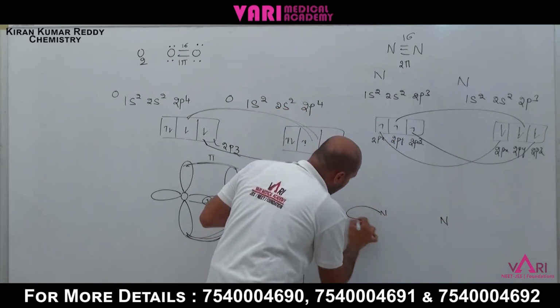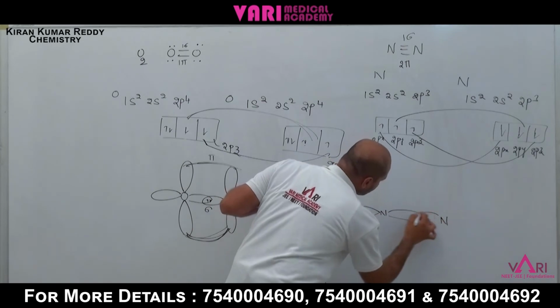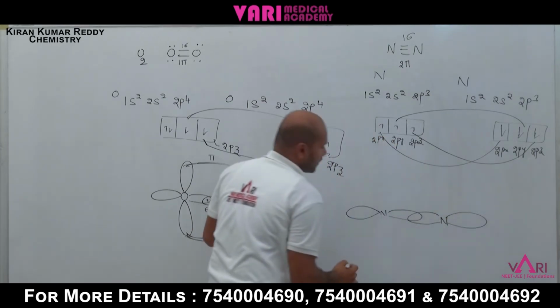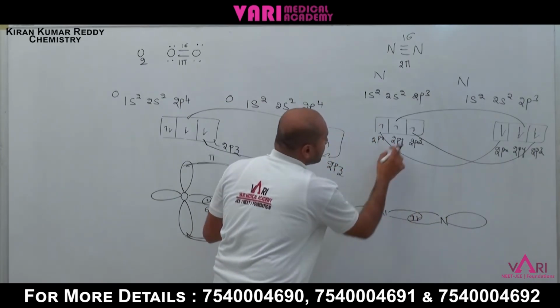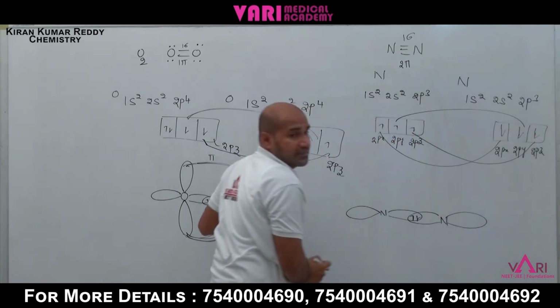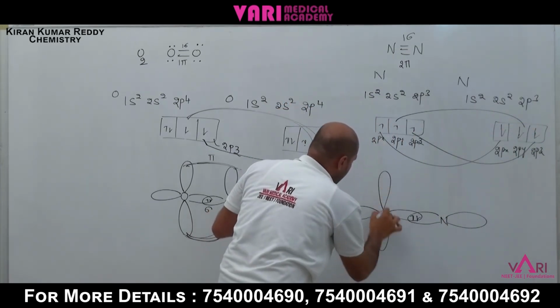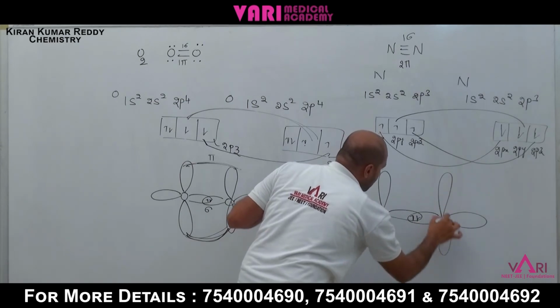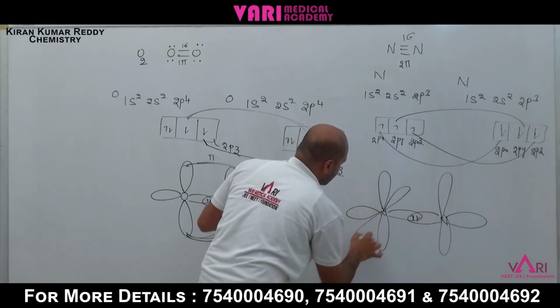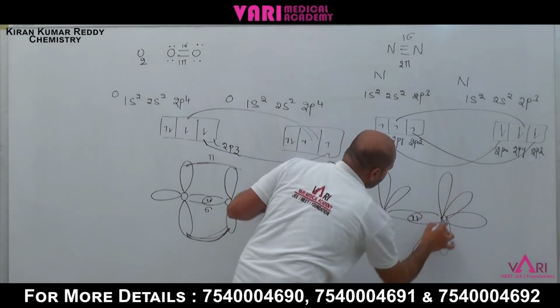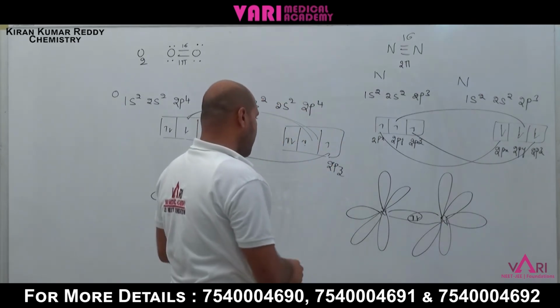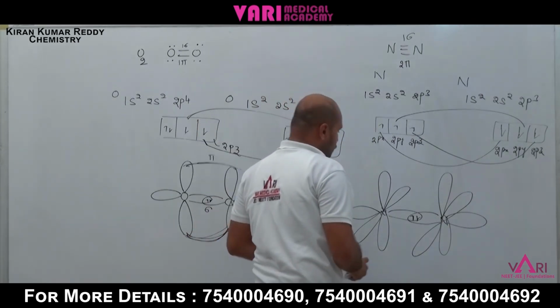One sigma bond is formed. Here one sigma bond is present between 2pz and 2pz. Next one is the pi bonds. Here is another p orbital, and here also another p orbital. Now write what is overlapping, 2px.